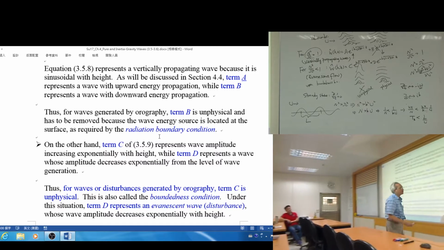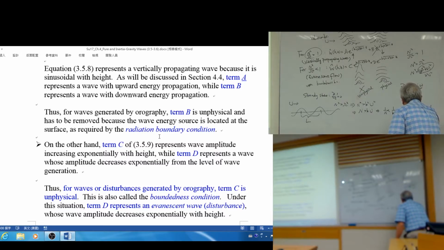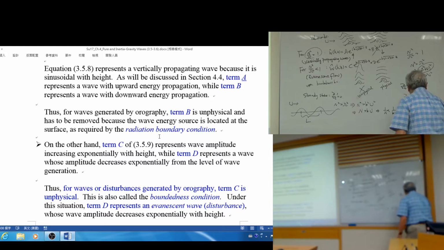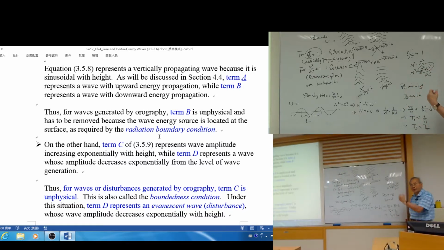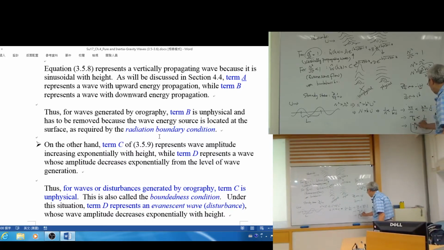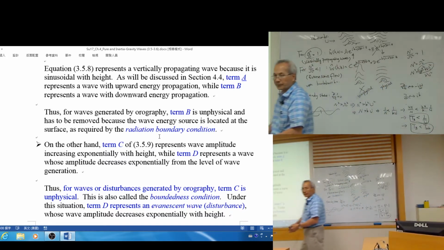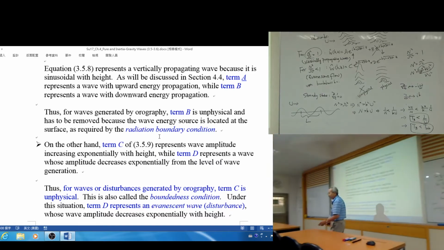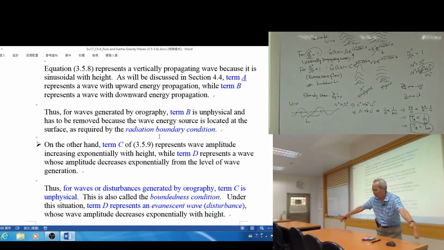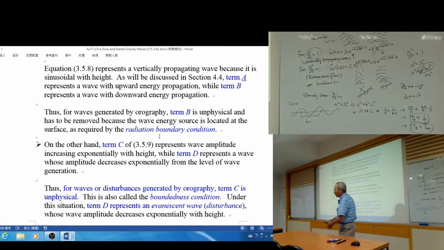So this means the time of advection, the air parcel advection. Say this is the mountain width, or the mountain wavelength.